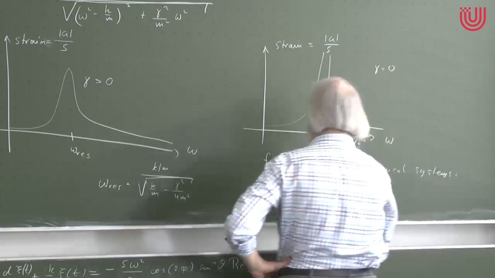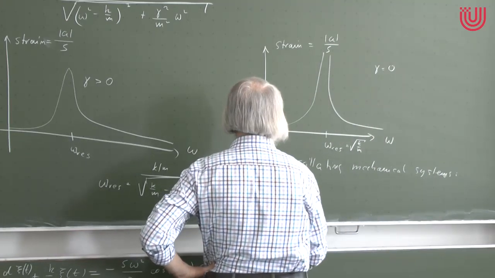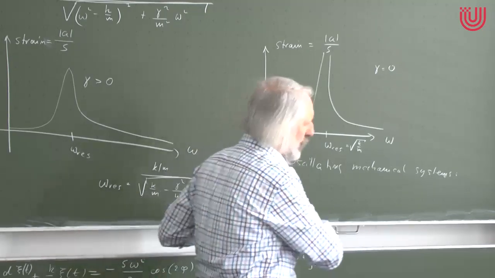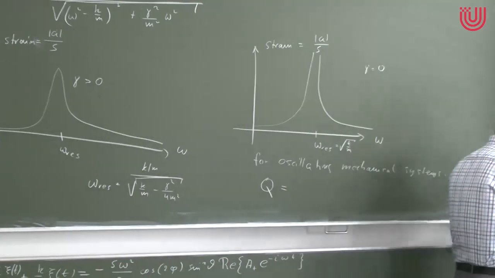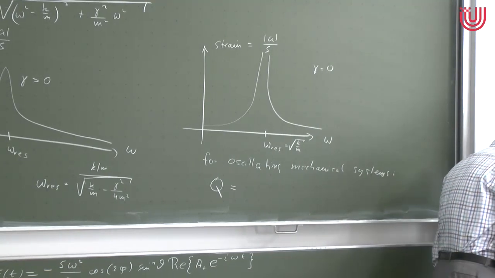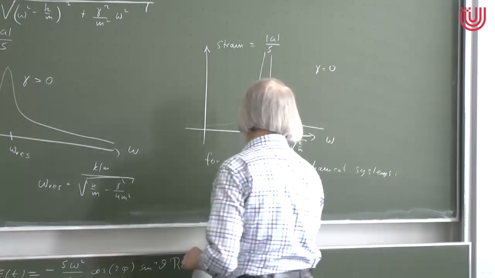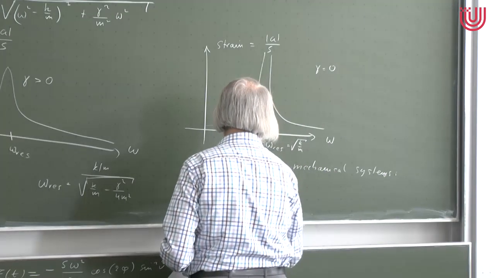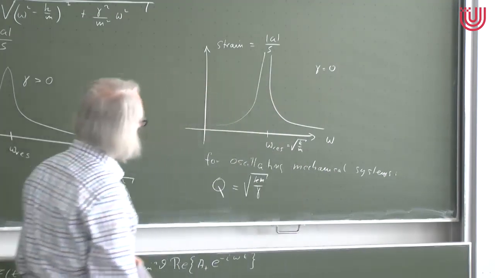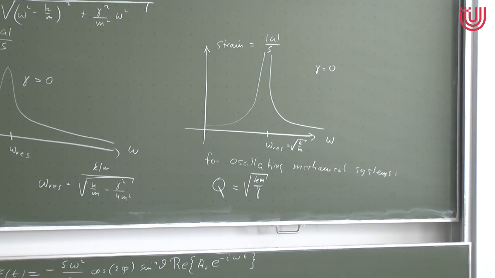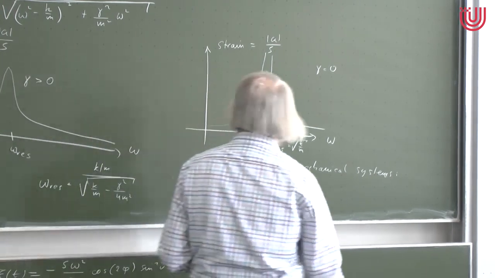What one usually gives is the so-called Q factor. Q stands for quality. It's proportional to 1 over gamma. So this is what's in the numerator, root km over gamma. So gamma equals 0 would mean Q equals infinity.